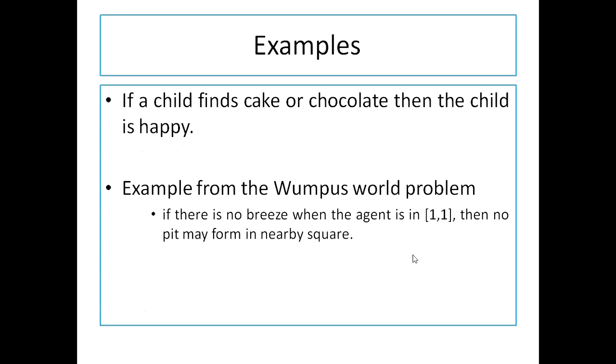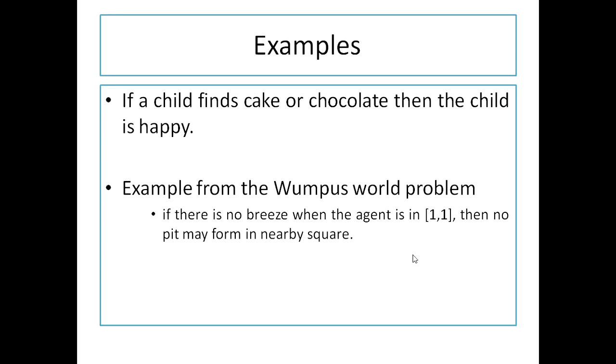For example, if you have a statement like if a child finds cake or chocolate, then the child is happy. So this can be written as if P then Q; if A or B then Q. This can be proved by contradiction.